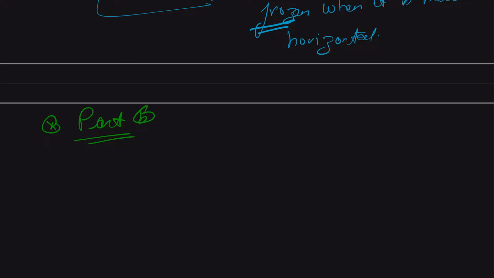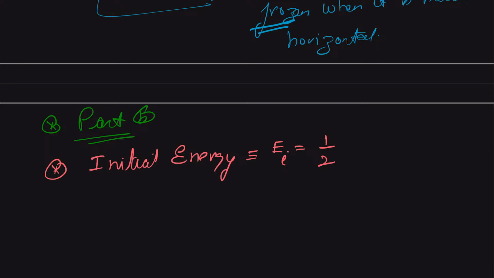We have our initial energy, let's suppose E_i, and that will be equal to half k delta x whole square.